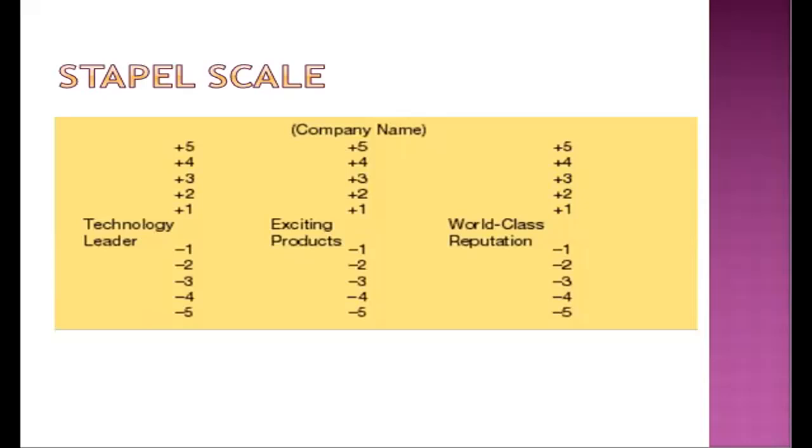So there are positive numbers on the top of the adjectives and the negative numbers are at the bottom of the adjectives.